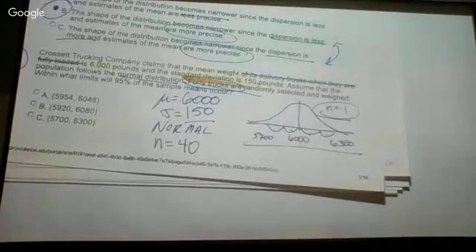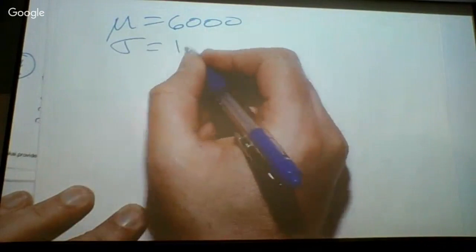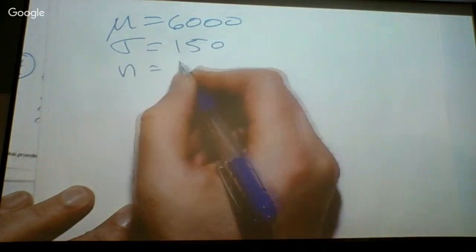So in order to take that into account, we have to find another piece of paper. How about this one? Mu is 6,000. Sigma is 150. N is 40.